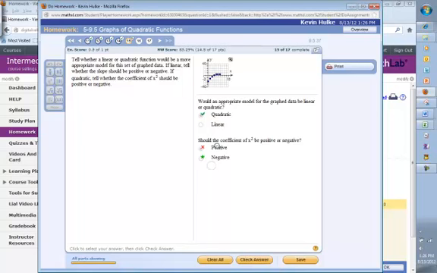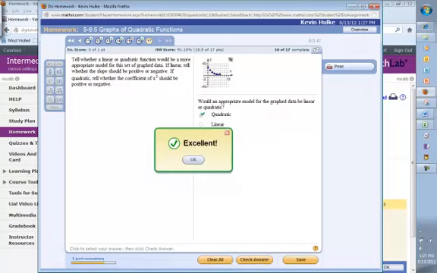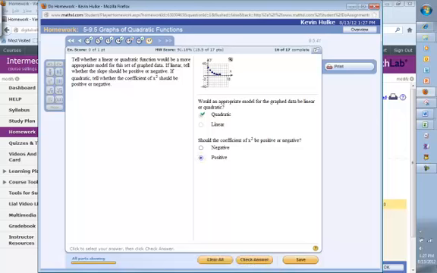Oops. So it should be negative. And number 16, that looks linear, and it should be positive slope. Number 17, this would be quadratic, and it should be positive.